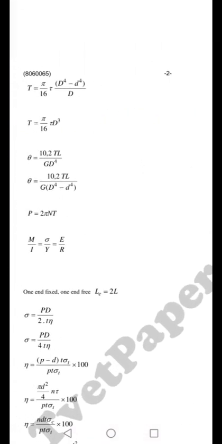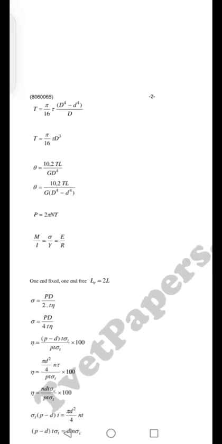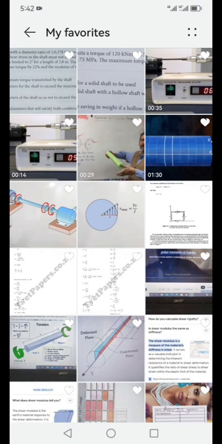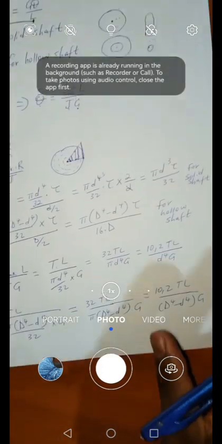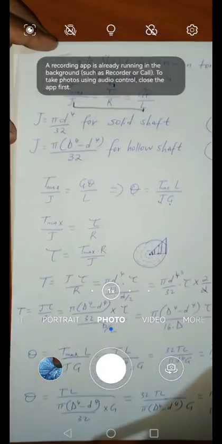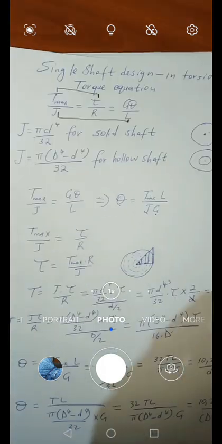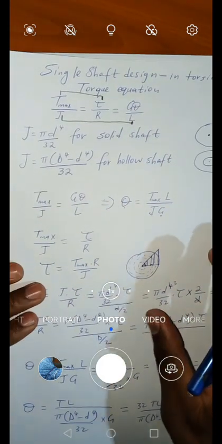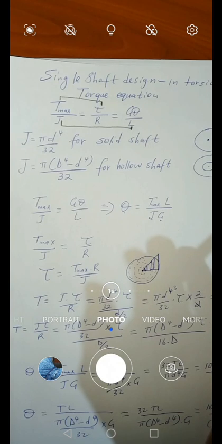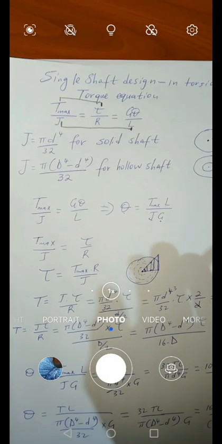But all of them are from this main formula here. So as long as you understand this, then there is no need to know those other ones. As long as you know how to manipulate, as long as you know mathematics, then it's fine.